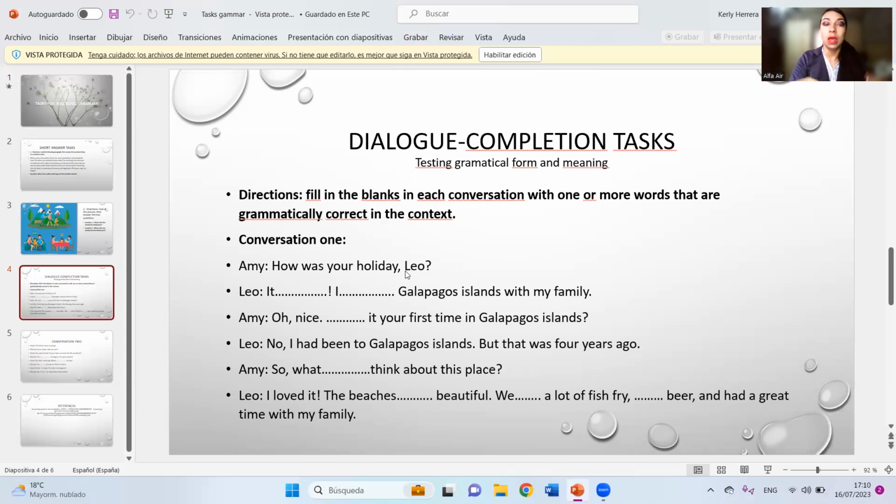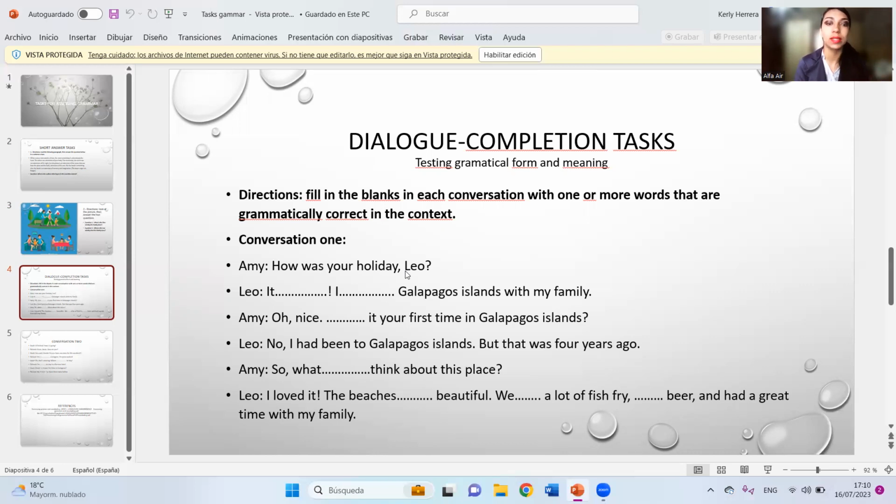For a student to answer correctly, they must understand the information in the conversation provided by the other participant. Okay. For example, in the first part of the conversation, the first participant begins with a question in the past tense using was. A student must analyze the question to answer correctly. They must first realize that it was a question in the past tense, so they must answer in the past tense.